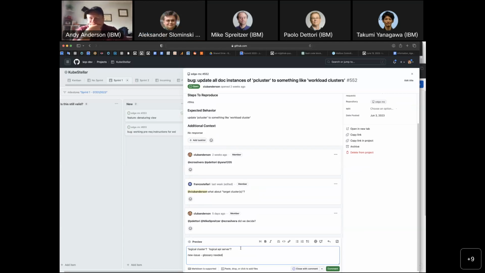I completely agree that we probably need to define it and then change all the diagrams and so on to make sure that it's clear. In addition to the Kubernetes terminology, it's a little bit different because they're talking about nodes, not about clusters, right? So it's worker nodes and so on.